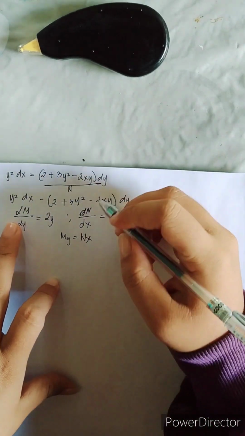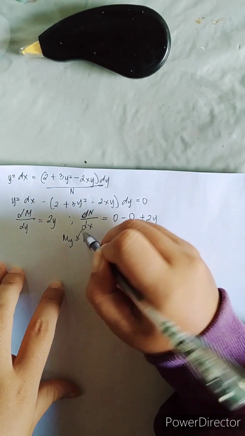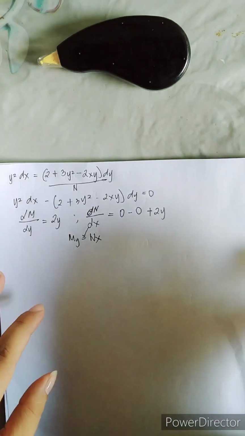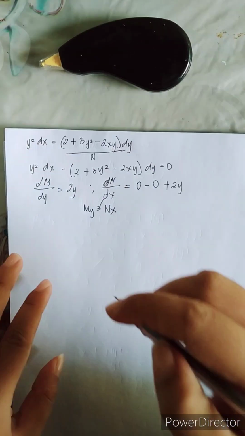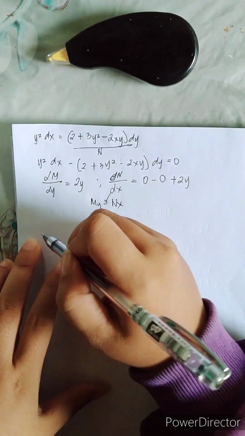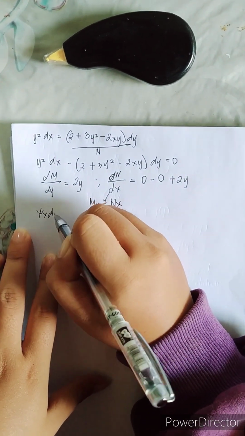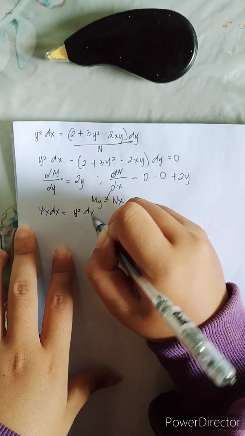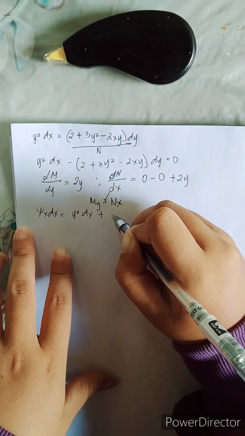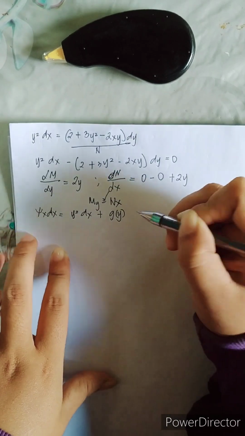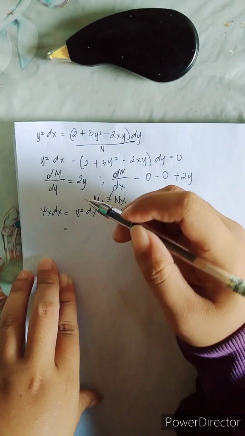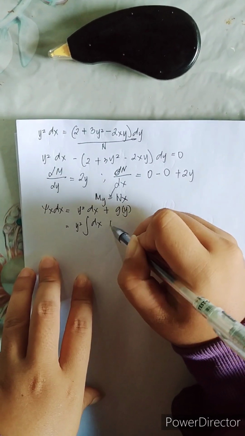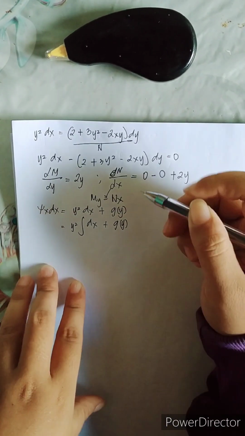Then the equation is considered to be an exact differential equation. The next step is to get the integration of the M term in terms of x. Psi x dx is equal to our M term, which is y squared dx, plus the unknown, which will be g of y.